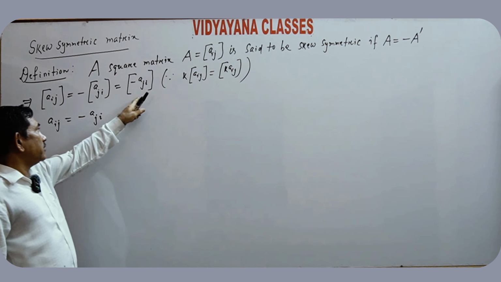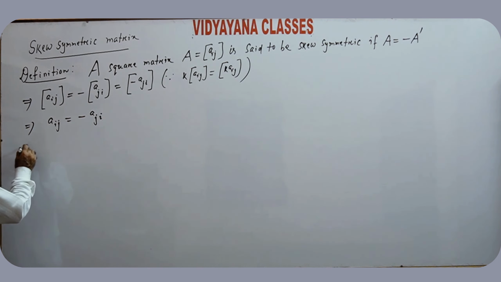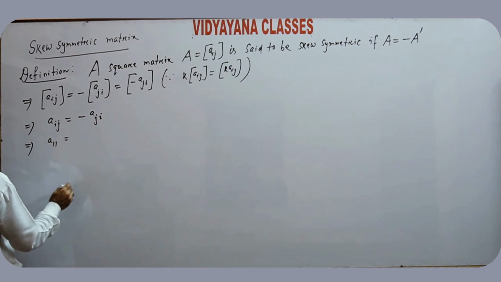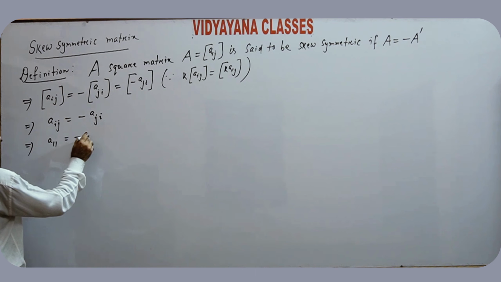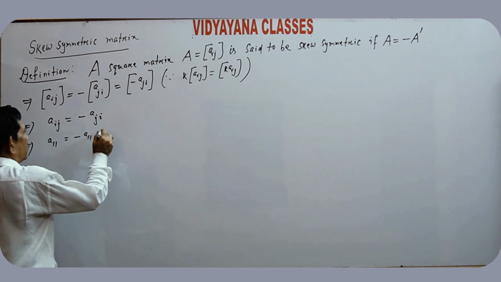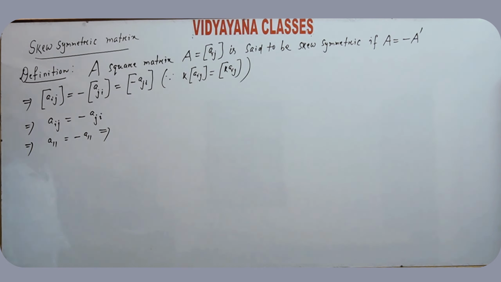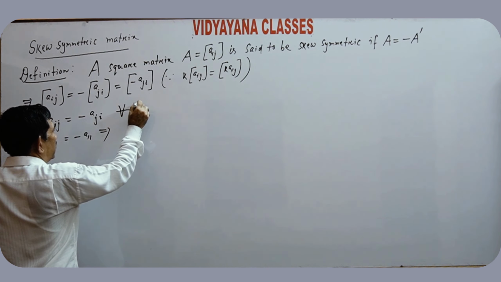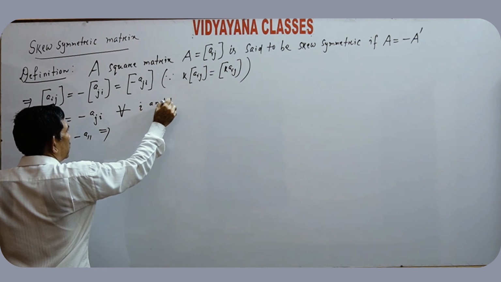This is the same as this, which implies Aij is equal to negative of Aji for all i and j.